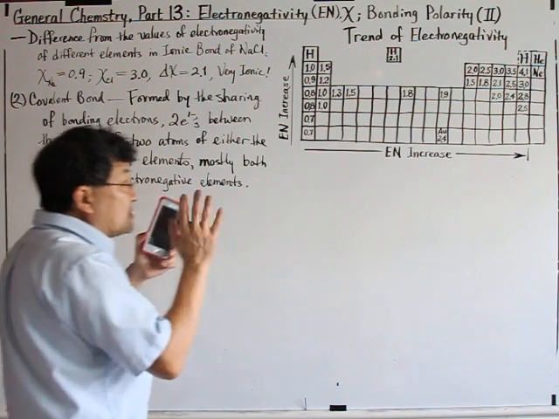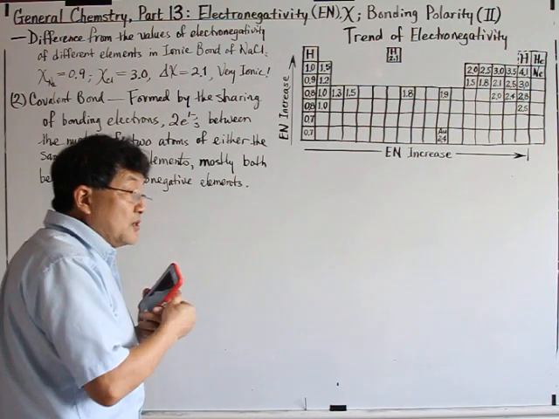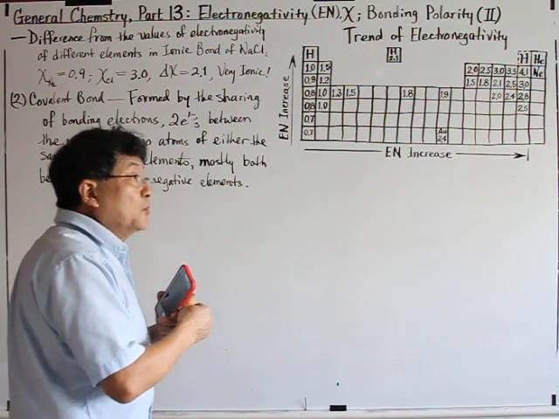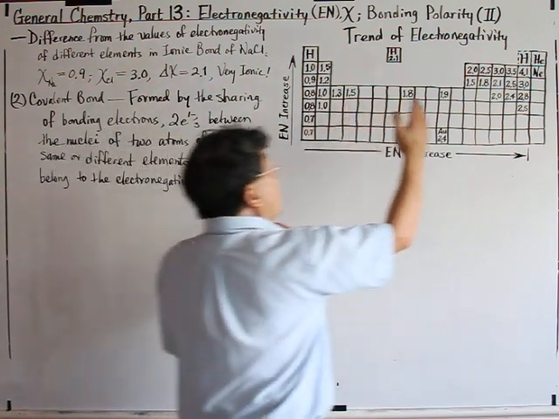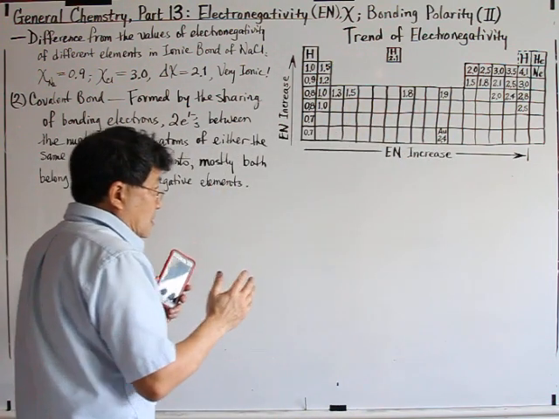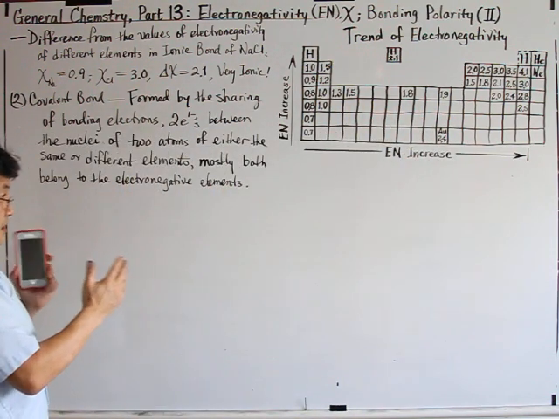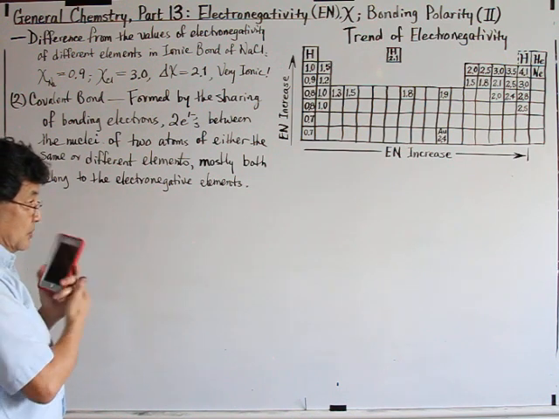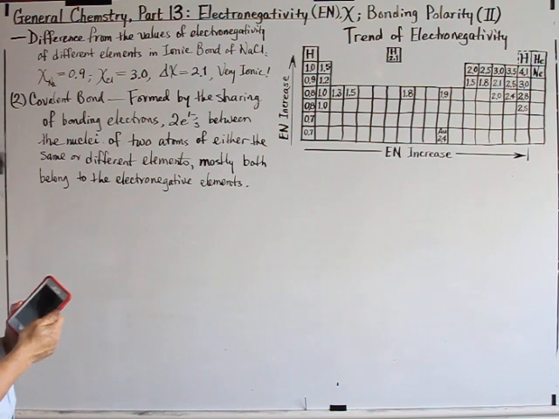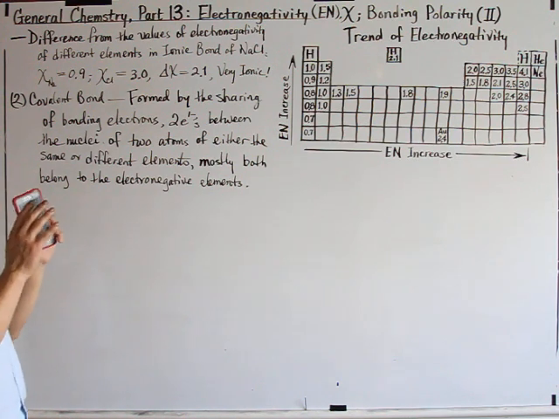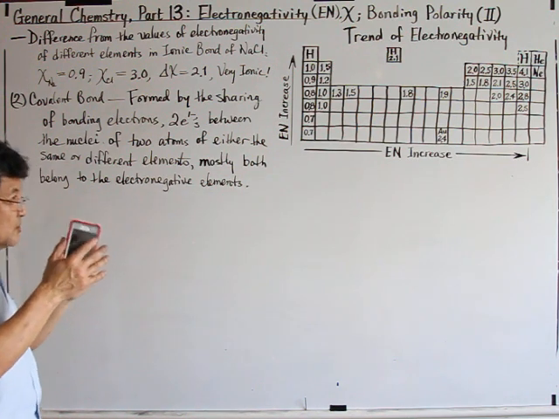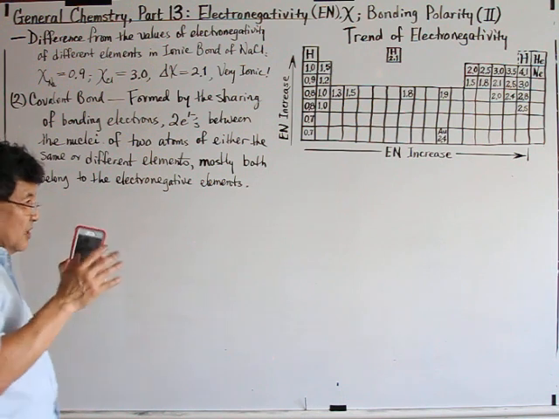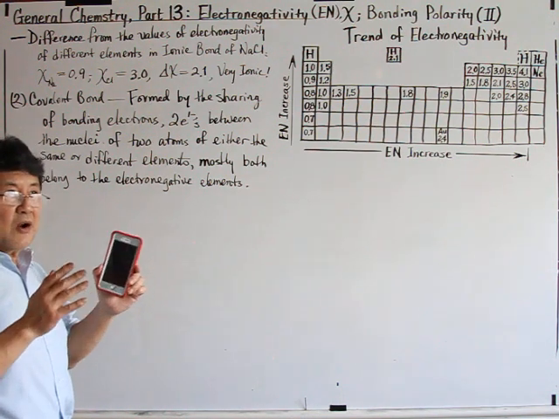So the difference in electronegativity between two different elements in that region can still form bonding, close to covalent but still with a little bit of ionic nature.